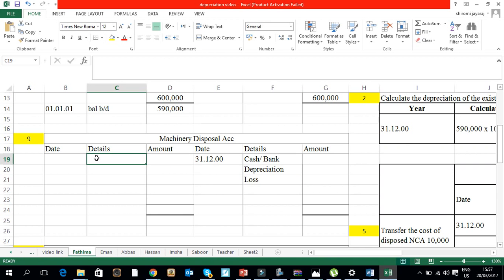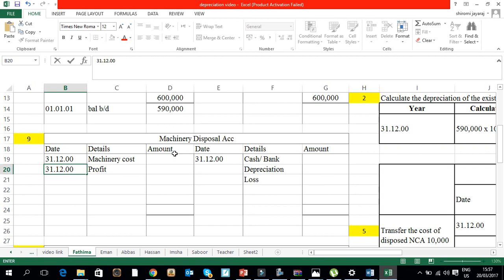And the cost of the machinery appears on the debit side. And if it is a profit, it appears on the debit side. All of these will be at the end of year.